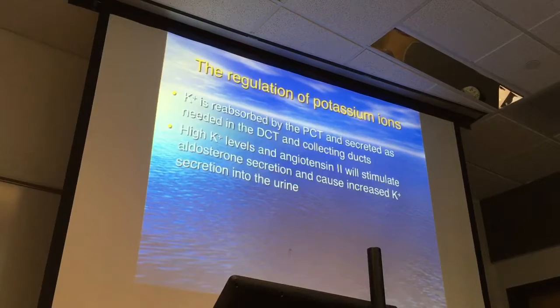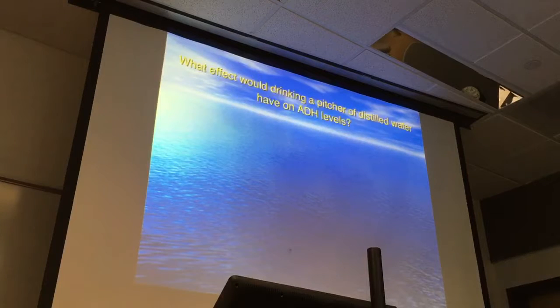High potassium levels by themselves will stimulate aldosterone. Normally, you secrete some as needed. Too much potassium, you secrete more. Too little potassium, you don't secrete as much. Aldosterone is the major method for removing excess potassium from your body.